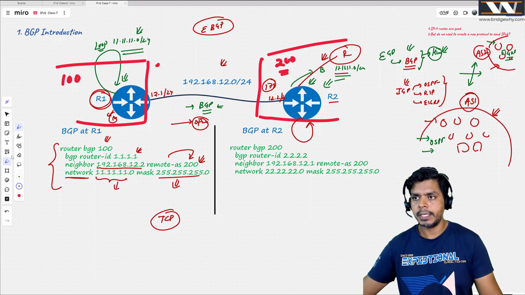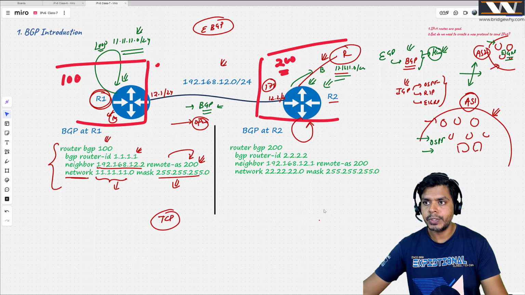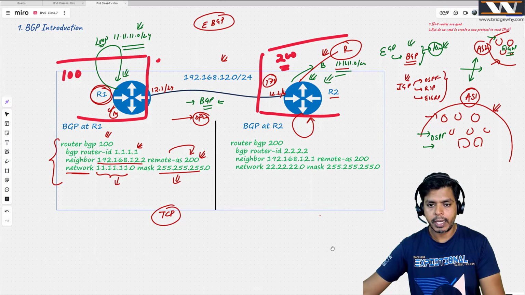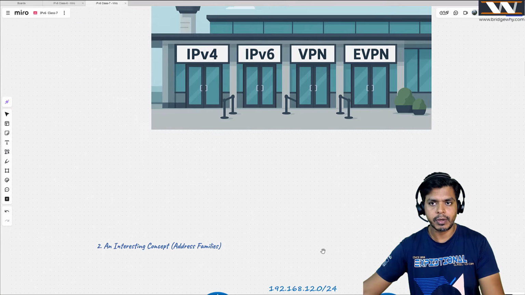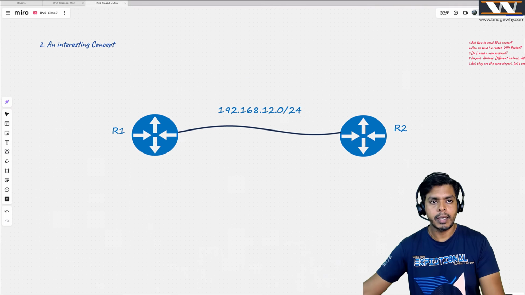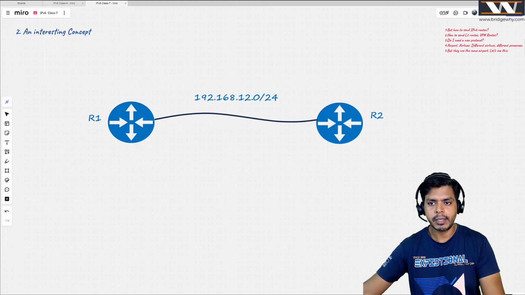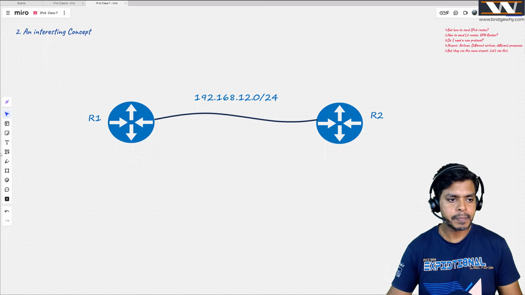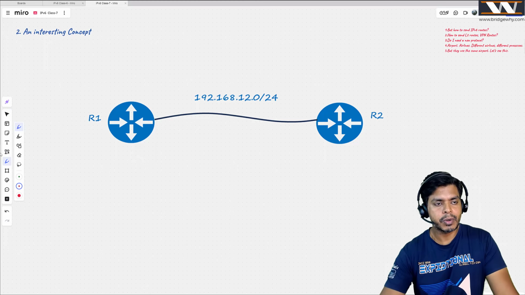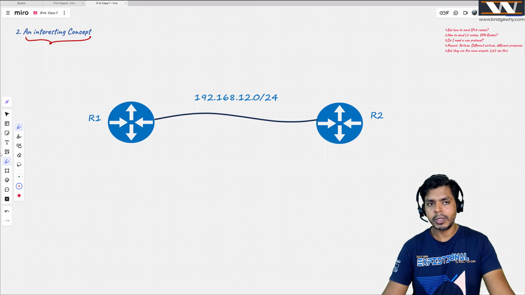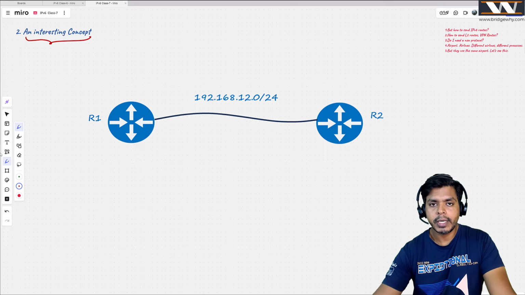Now let's see what I need to do to send my IPv6 routes. Sorry for that, IPv6 routes. And that is where I am coming across an interesting concept. I'm not taking the name because people have a little fear about that name, right? Try to understand BGP is exactly the same.